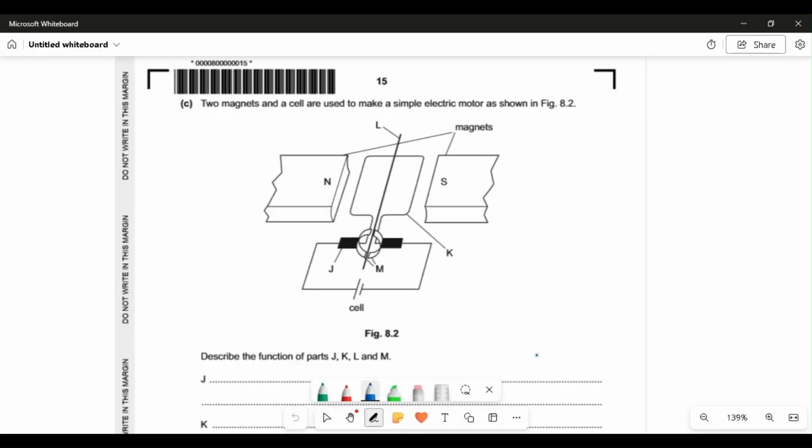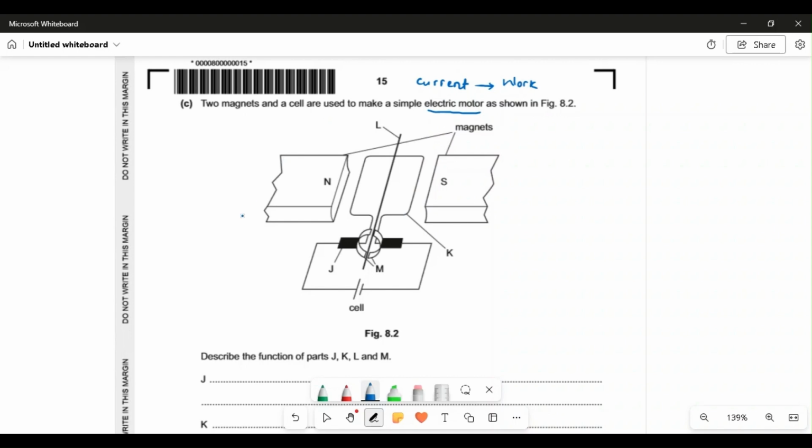Question number 8c. Two magnets and a cell are used to make a simple electric motor as shown in the figure. We know that an electric motor is a device that converts electric current into mechanical work or rotation. So this is current to mechanical work or rotation.